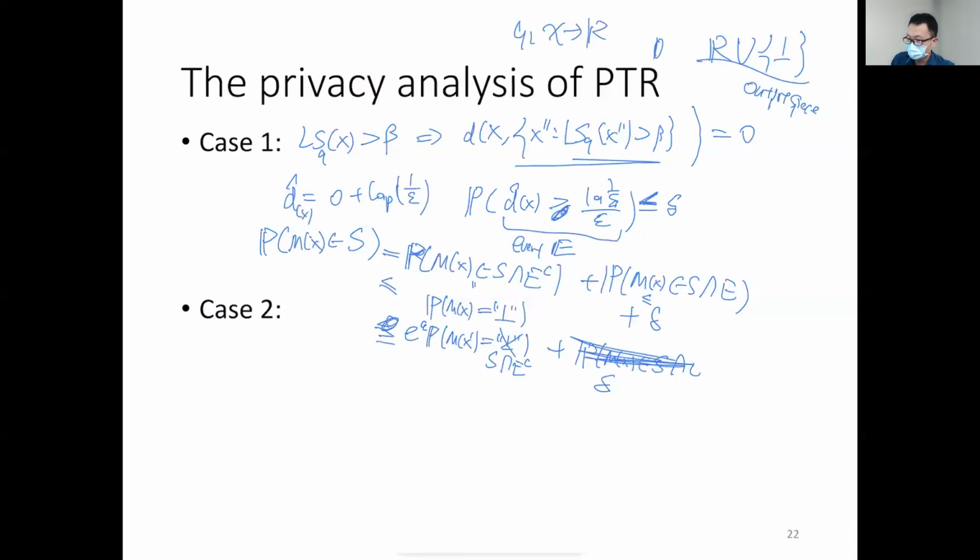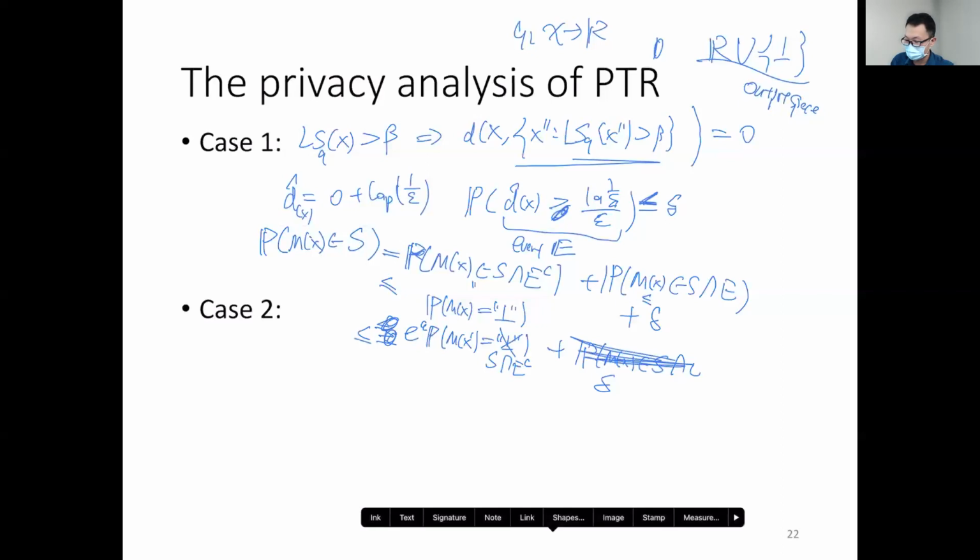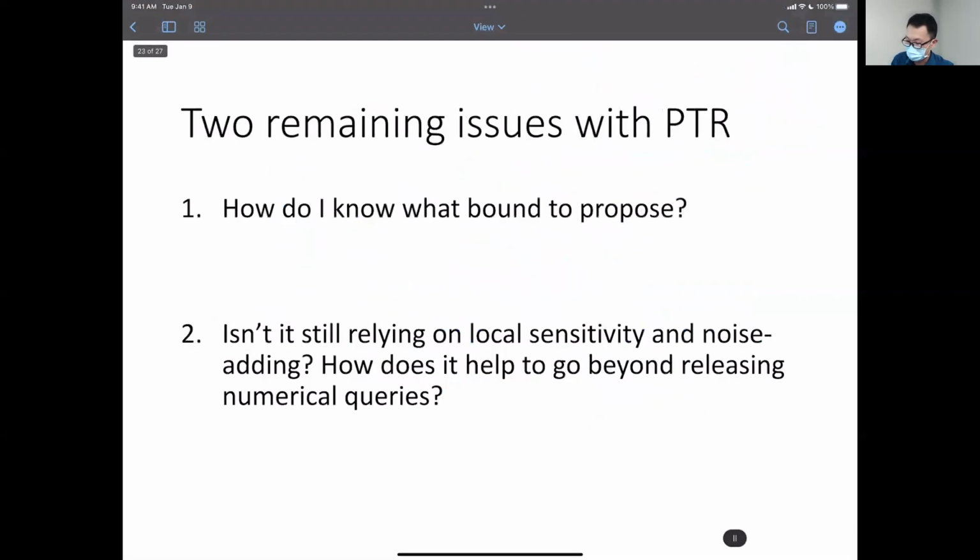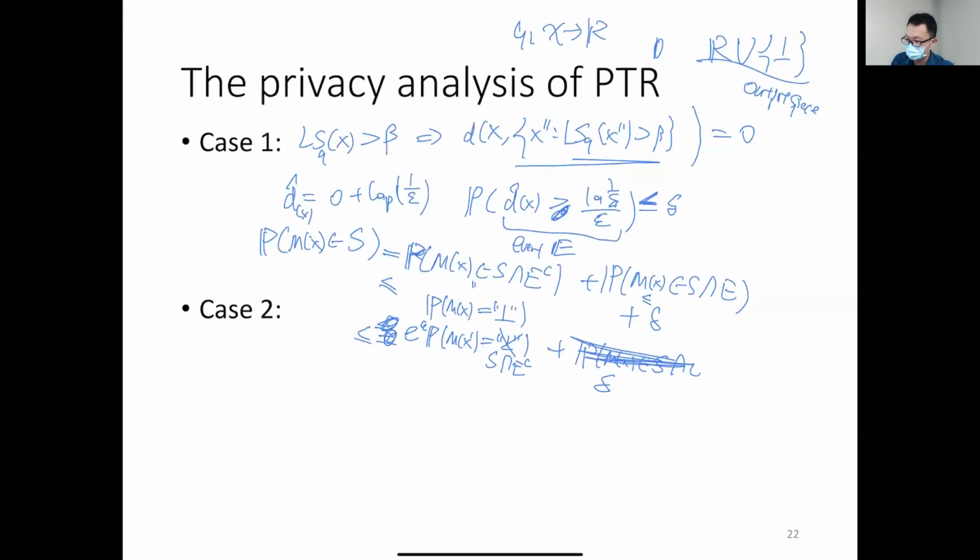This is smaller than, because I applied the definition of epsilon-delta differential privacy. The next step is to use the fact that intersecting with a set only makes this set smaller, so this is smaller than e to the power of epsilon times the probability of M of X prime belonging to S. Then I can drop this intersection with E complement, which altogether shows that, at least in this case, this is epsilon-delta DP.